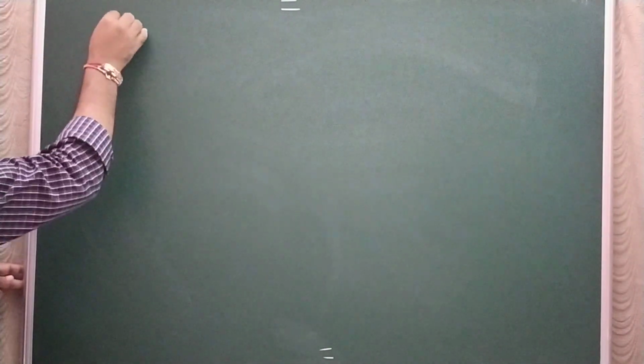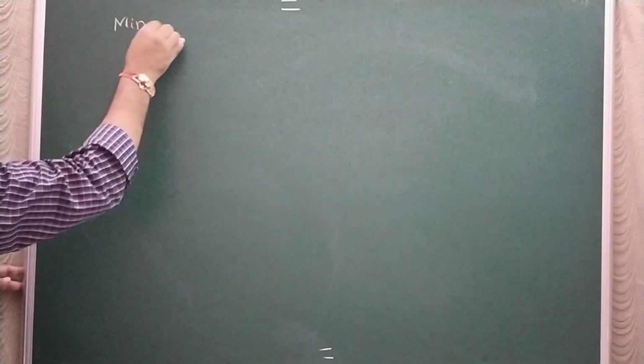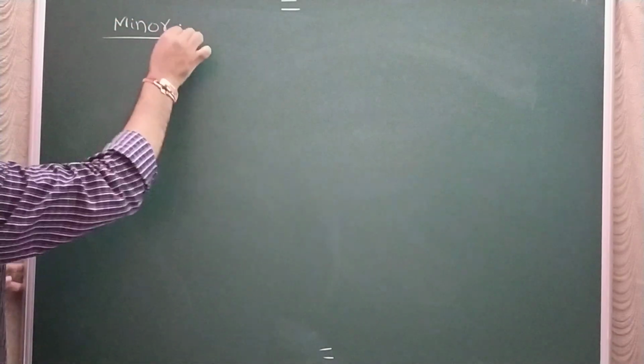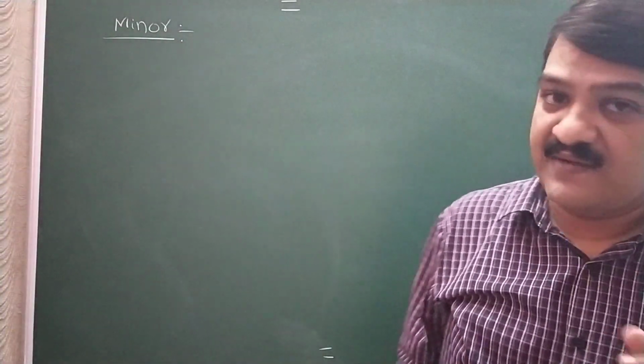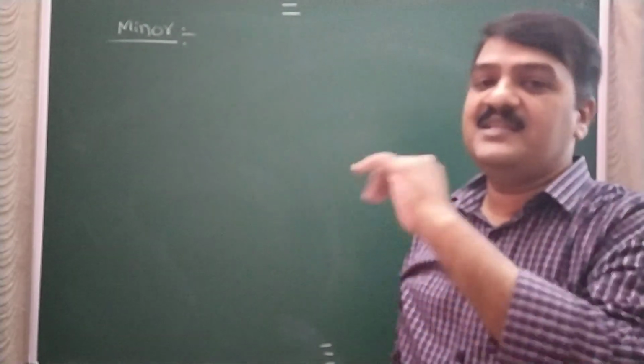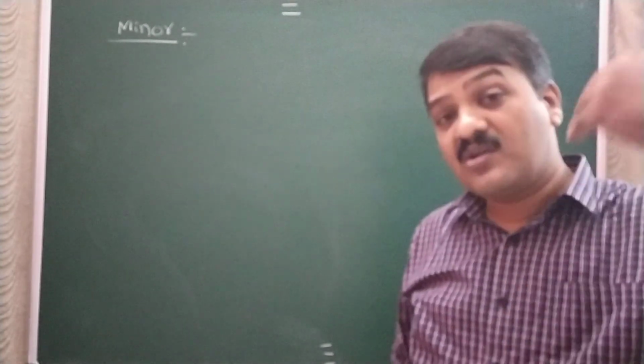So when a 3 cross 3 matrix is given, to find the determinant, first you have to learn what is the minor of an element and what is the cofactor of an element. These two you have to learn first. Then we will go to the definition of finding the determinant of a 3 cross 3 or higher order determinants.